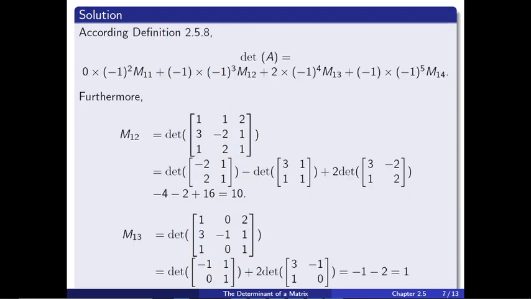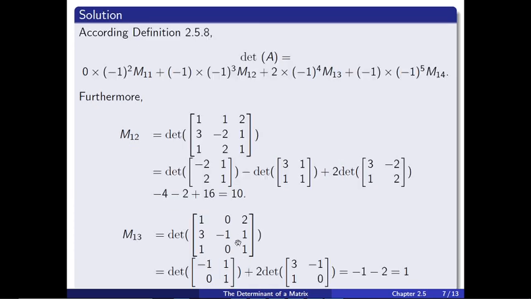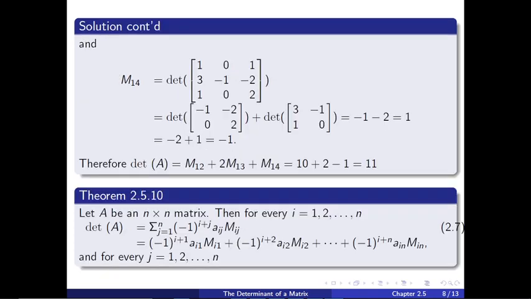In this case, you notice that we were working with the first row, but actually we don't really need to work with the first row. It turns out that we can work with any row or any column for that matter to find the determinant, and that is the next theorem that we have.